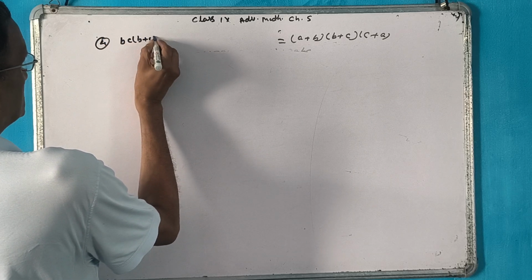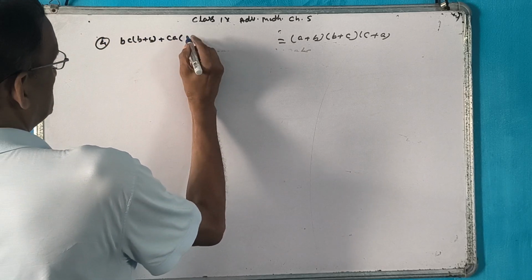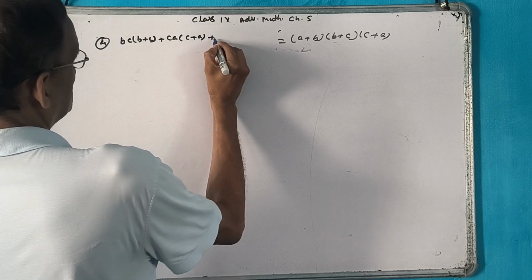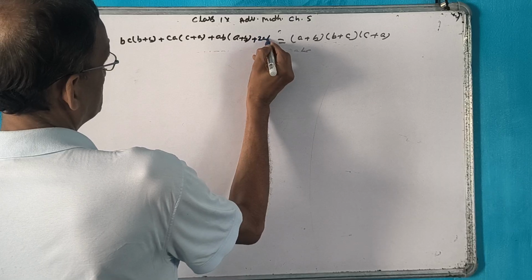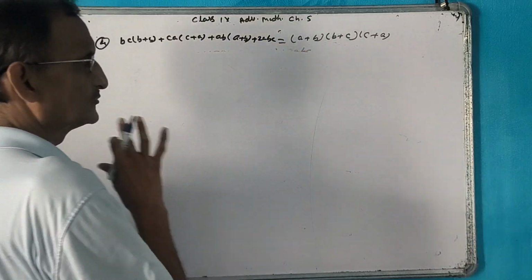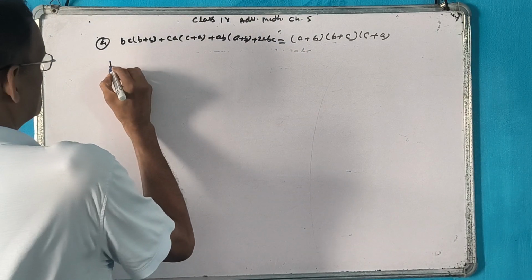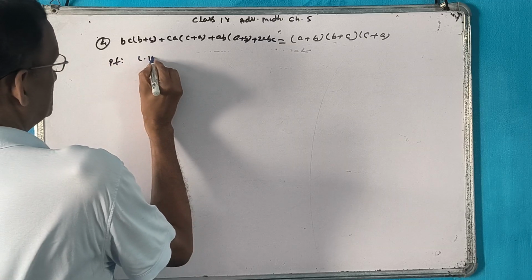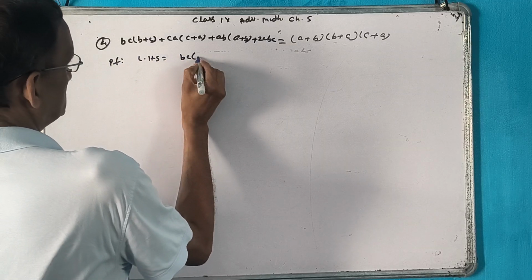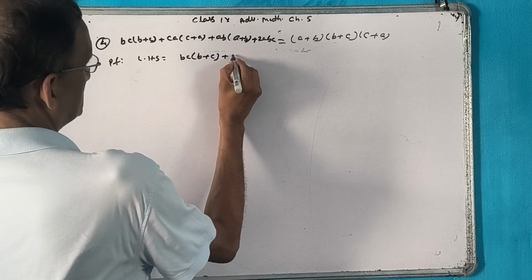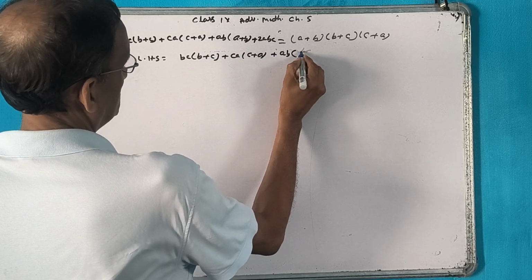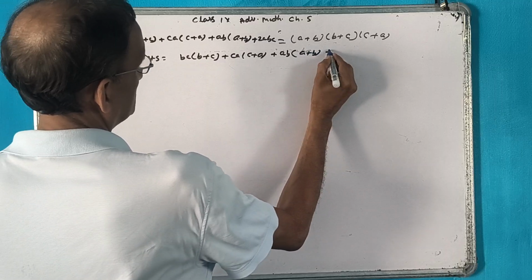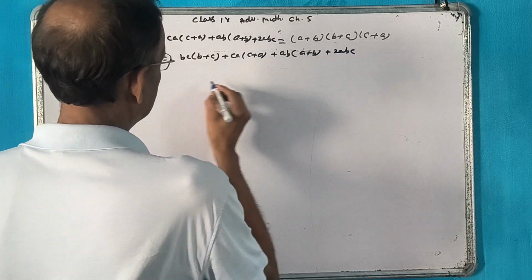BC into B plus C plus CA into C plus A plus AB into A plus B plus twice ABC equal to the same. The proof is also almost similar. To start the proof, take the left hand side: BC into B plus C plus CA into C plus A plus AB into A plus B plus twice ABC.